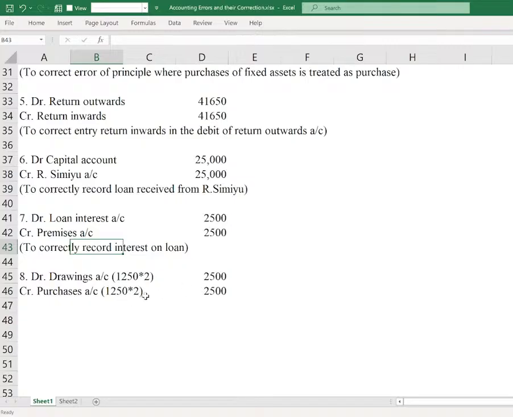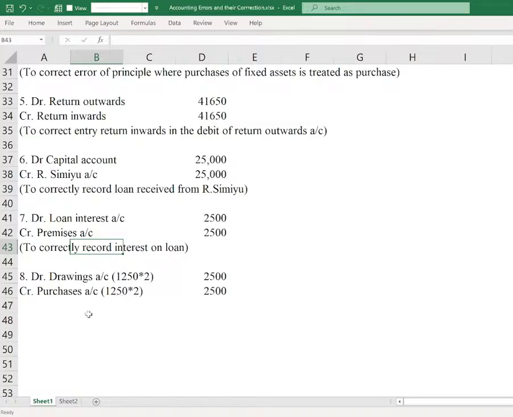So here we have corrected: we have cancelled the initial debit, and also we have entered the correct credit entry. That's why we are saying that if we take the goods for our own use, we have debited the purchase account and credited the drawing account.